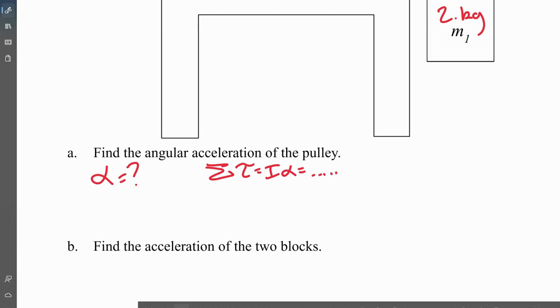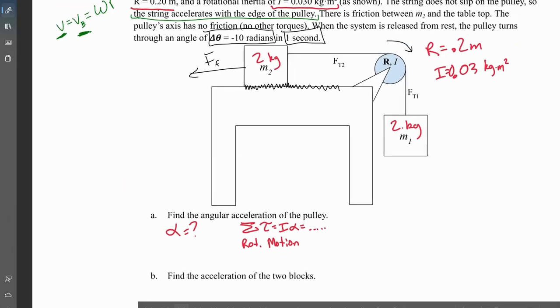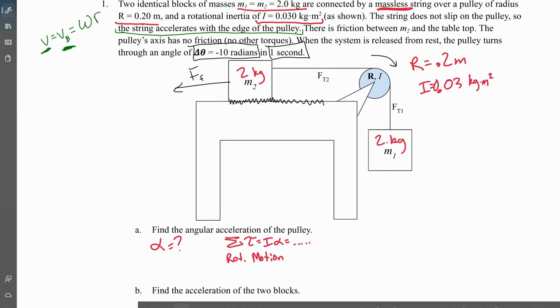Another way that we've learned is rotational motion equations. Those are really the only ways that we've learned so far that deal with alpha. So we know it's going to be one of those.